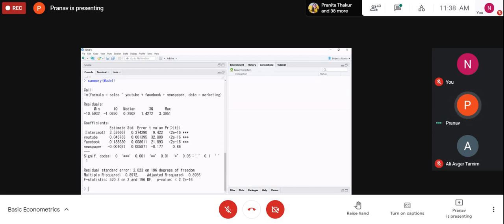It means that the difference that exists between actual and mean value is statistically significant, or statistically different from zero.